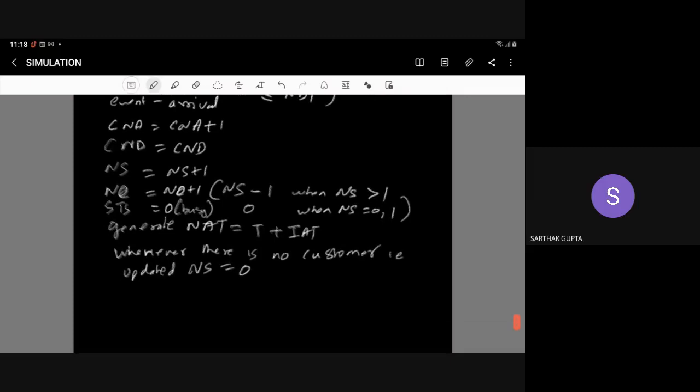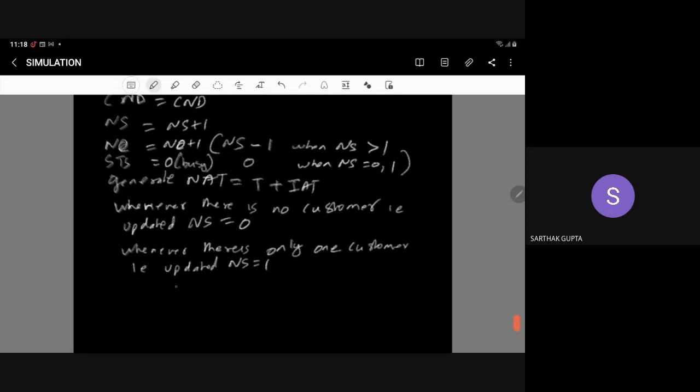So at the time of the arrival, whenever there is only one customer, that is, updated NS is equal to 1, at that time you have to generate NDT also, the next departure time.